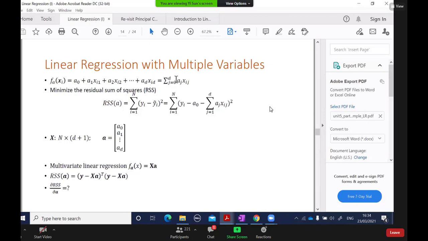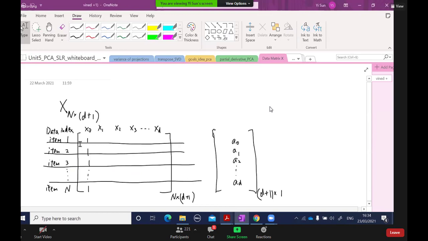If we want to write it this way, we must add one column for x, that is x_i0. So the whole column x_i0 is equal to 1. It is a one-column vector, and every value here is 1. This is our original data matrix. We add one extra column so that we have D plus 1 features now, but this is a dummy feature. The whole column is equal to 1.